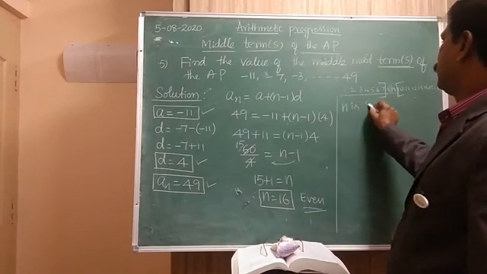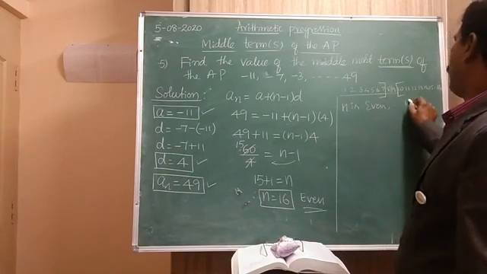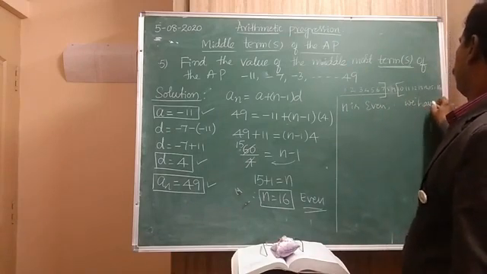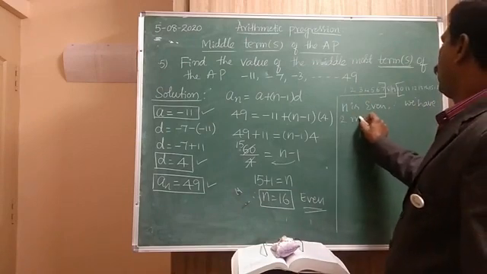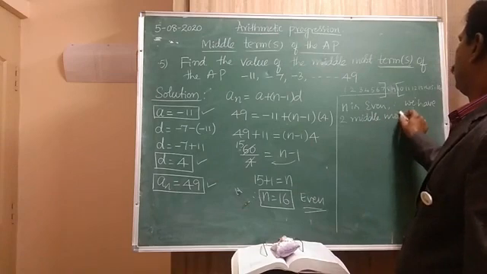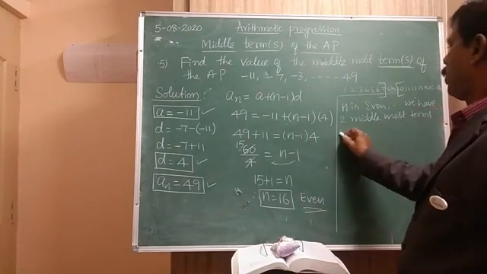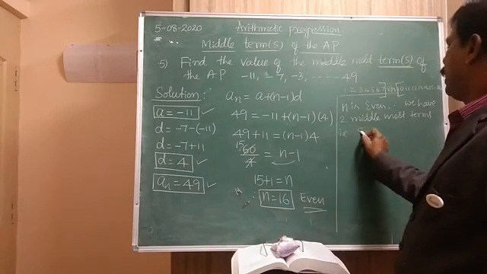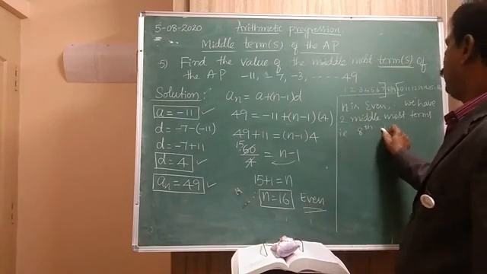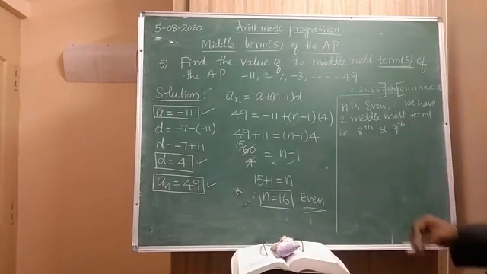n is even. Therefore, we have 2 middlemost terms, that is the 8th and 9th term.